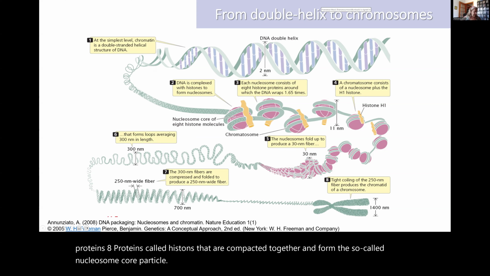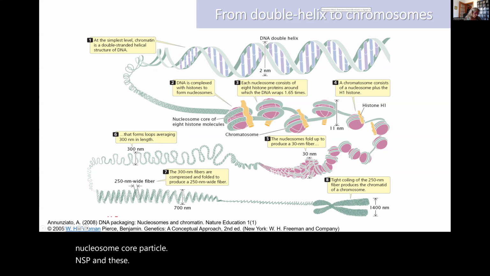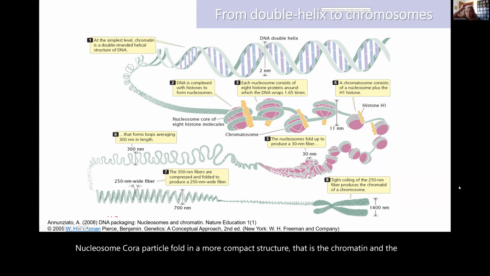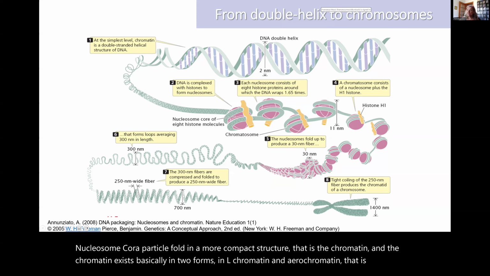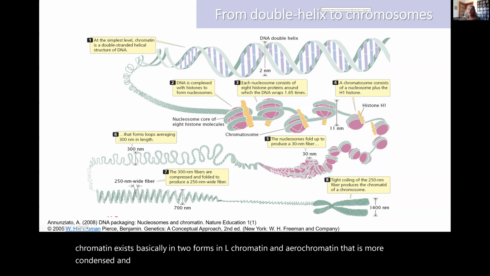And this nucleosome core particle folds in a more compact structure that is the chromatin. And the chromatin exists basically in two forms, euchromatin and heterochromatin. The heterochromatin is more condensed and transcriptionally not active, and the form that is less condensed, the euchromatin, is transcriptionally active.